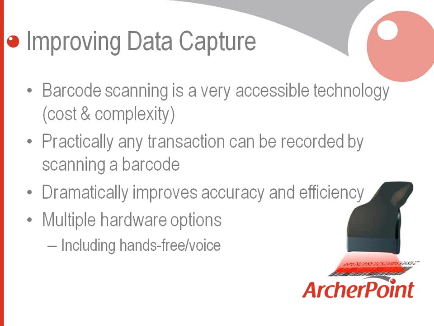So anything that you do within your environment, you can typically record using a barcode and a scanner. And what that does is really improve your timeliness and your accuracy of the data coming into your NAV system, right? And the right tools are going to allow you to prevent errors at the time of that physical transaction.